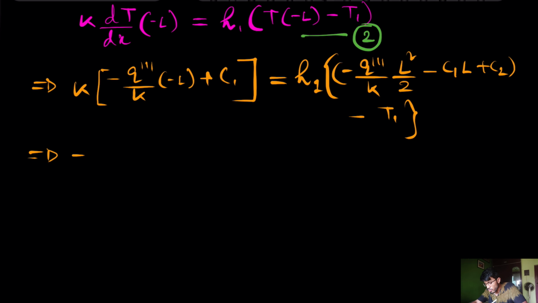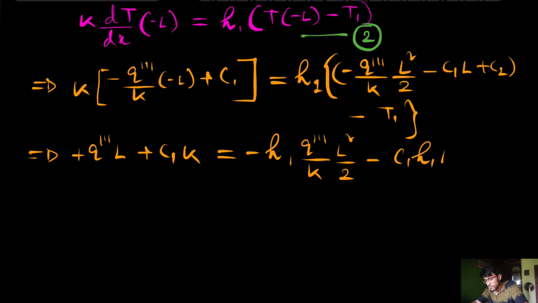If I write it in a more compact way, then plus q triple prime into L plus c1k is equal to minus h1 q triple prime by k L square by 2 minus c1 h1 L plus c2 h1 minus h1 T1, right?